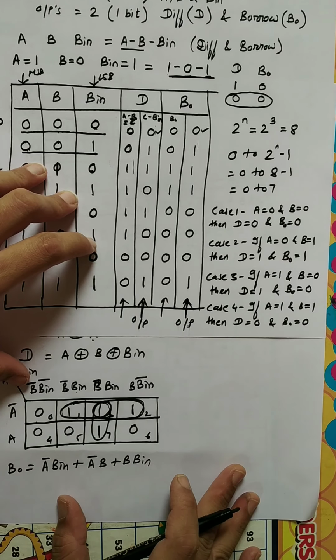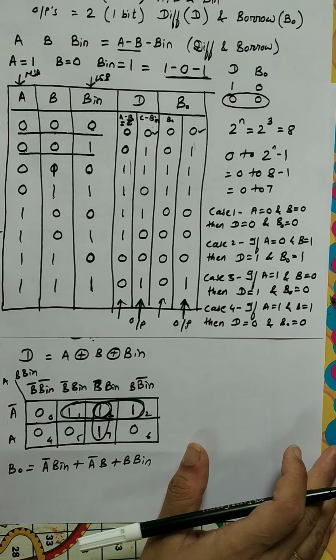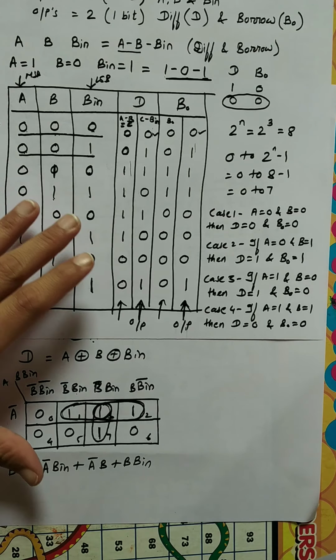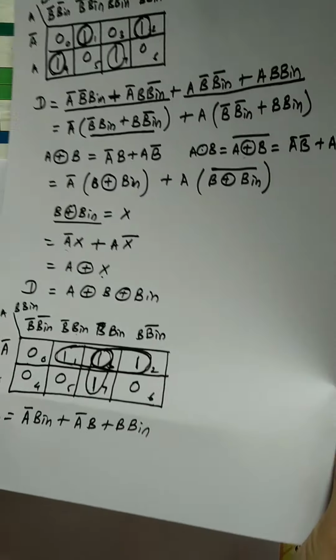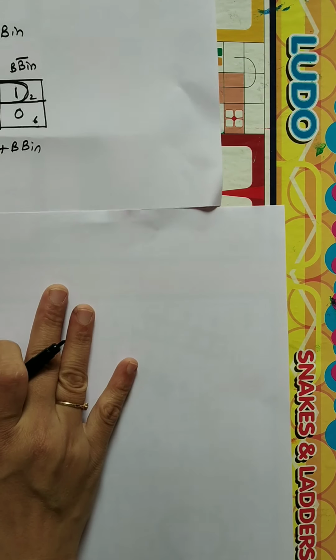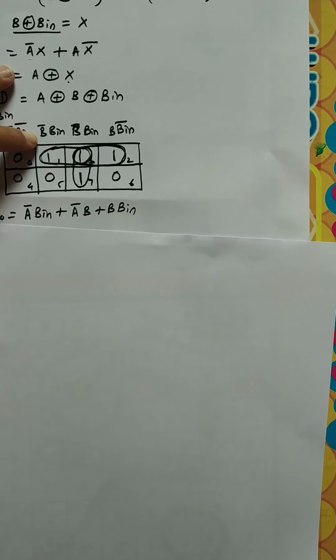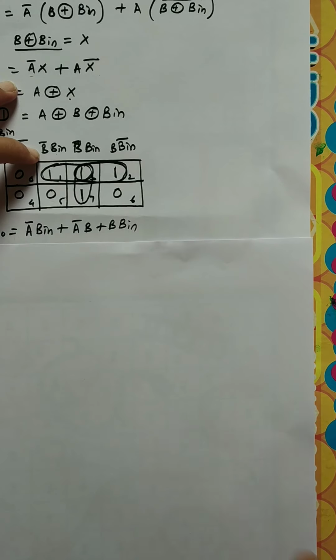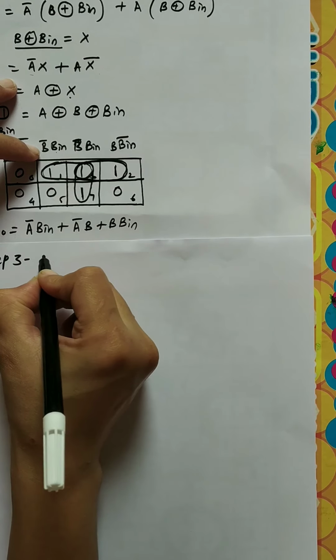Now the next thing is that I have to draw the circuit, or we can say design the circuit. So step 3 is designing the circuit.